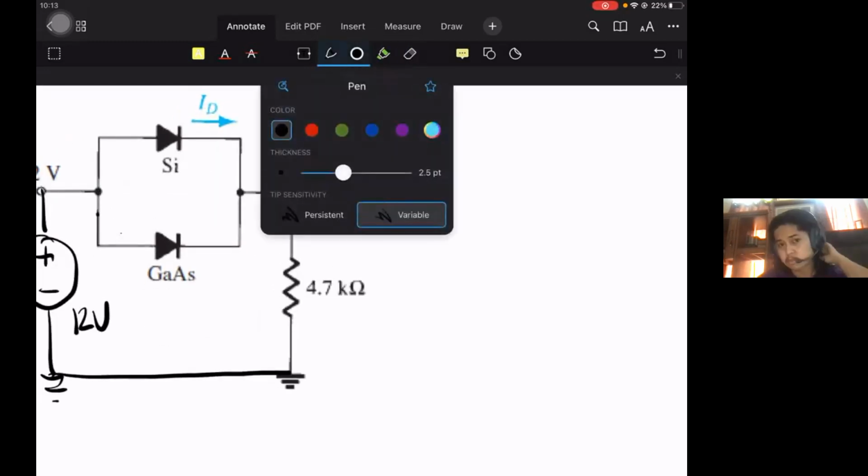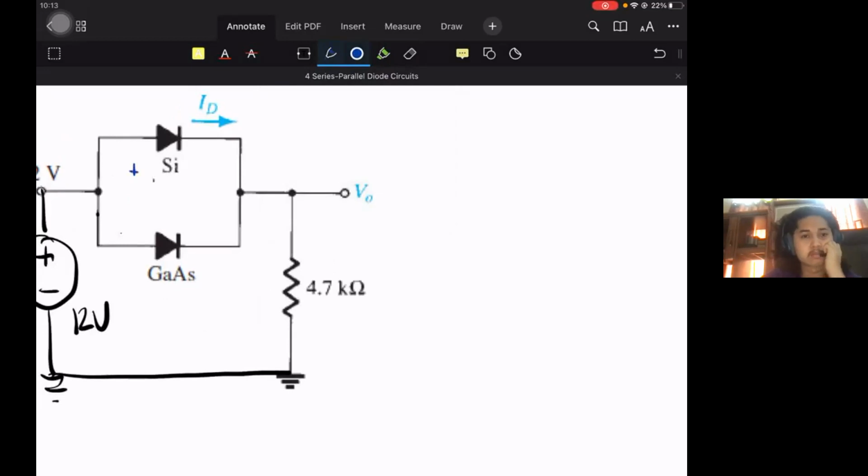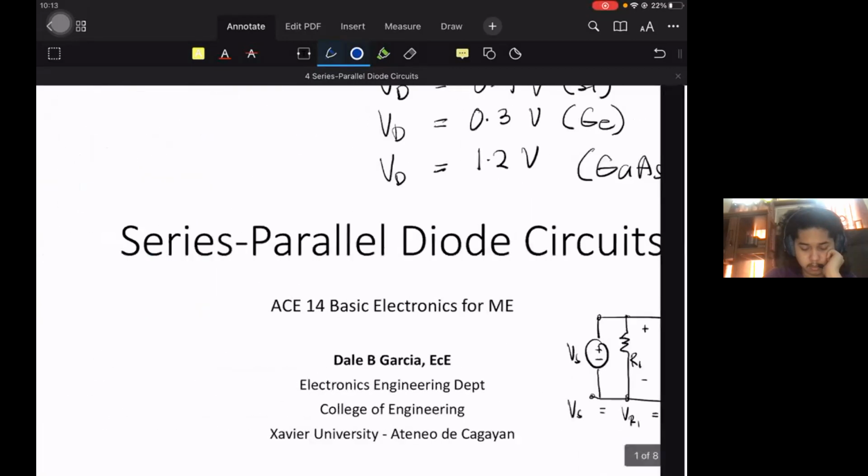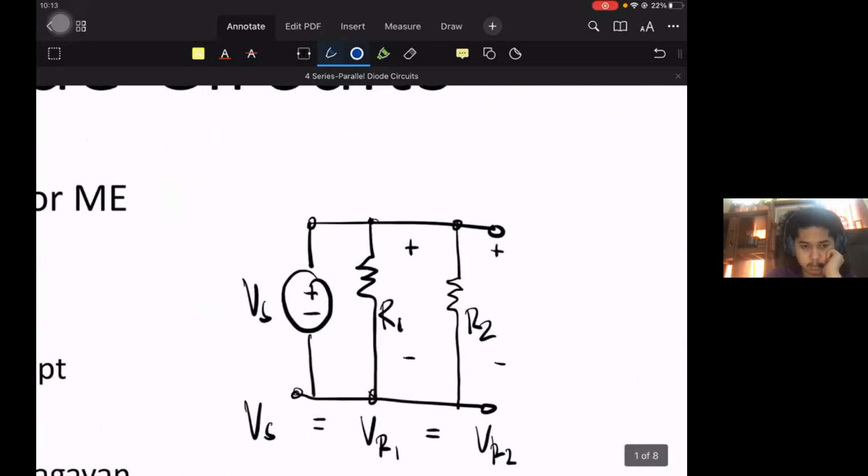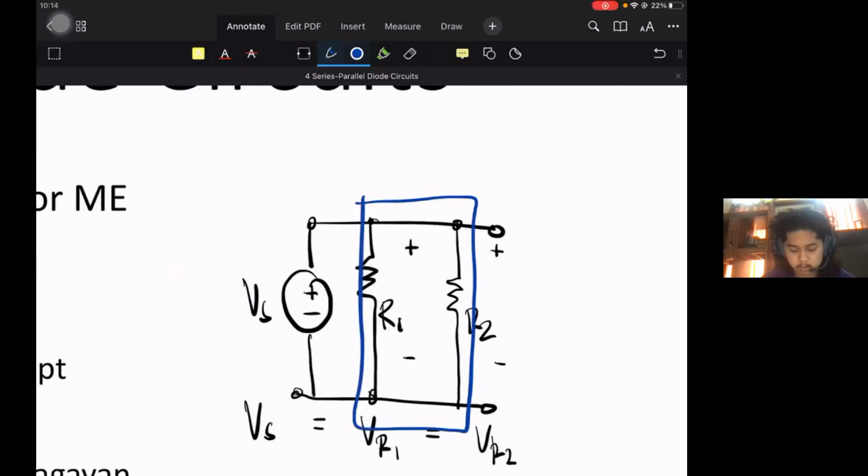As mentioned, silicon is 0.7, and gallium arsenide is 1.2. If they have different voltages, they would violate our rule for parallel circuits that we just reviewed. For R1 and R2 in parallel, the voltage should be the same.